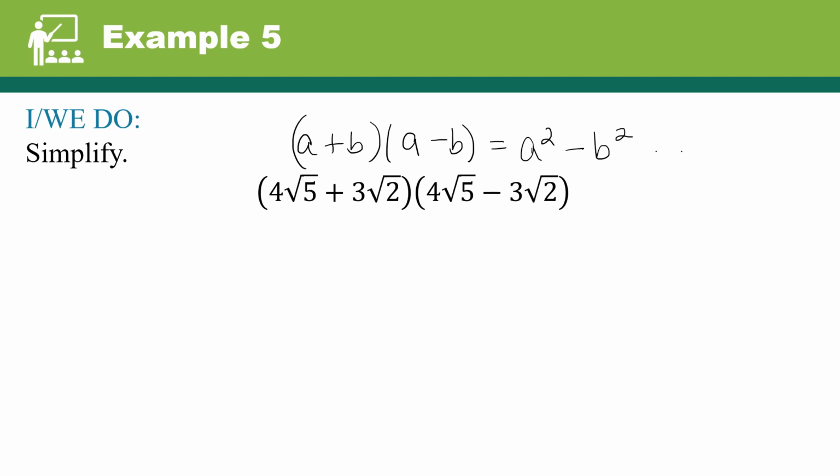In this case, 4 square root of 5 is a, 3 times the square root of 2 is b. So I will put 4 times the square root of 5 squared minus 3 times the square root of 2 squared. Now again, we have to square each factor.